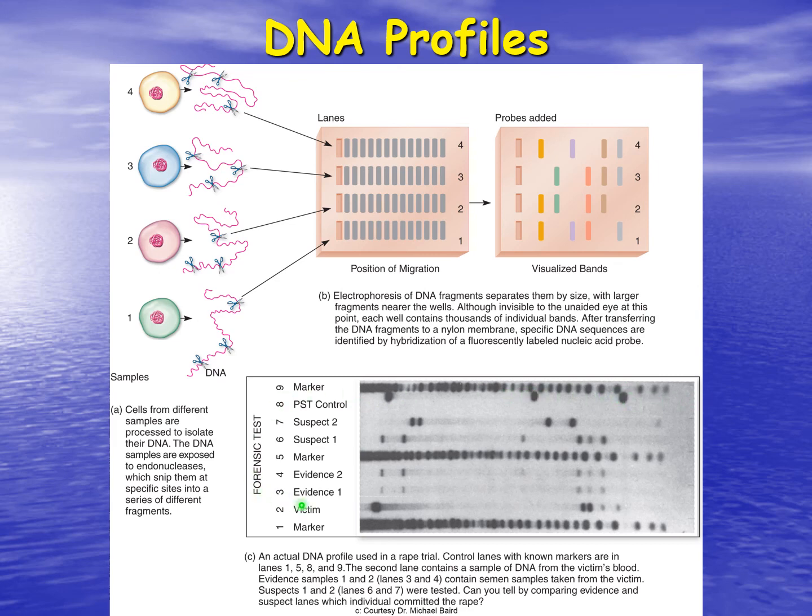What we're looking at is DNA from the victim, which is in lane 2, and DNA from evidence taken from two different sources here, so evidence 1 and evidence 2. In fact, these were semen samples taken from the rape victim. And then we have two suspect DNA profiles. So I have suspect 1 here and suspect 2 here. So which one are you going to arrest for the rape?